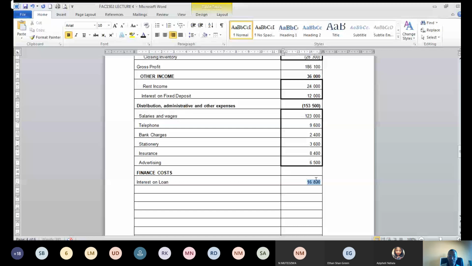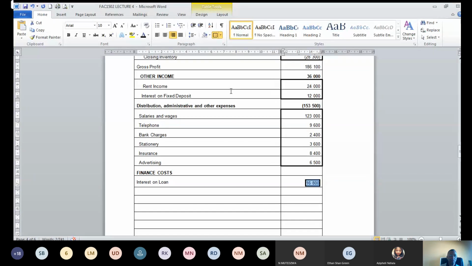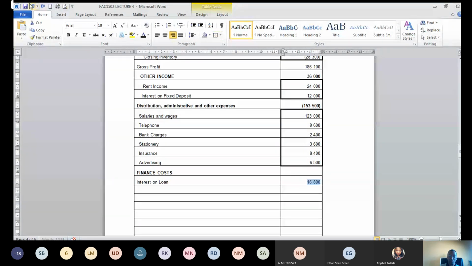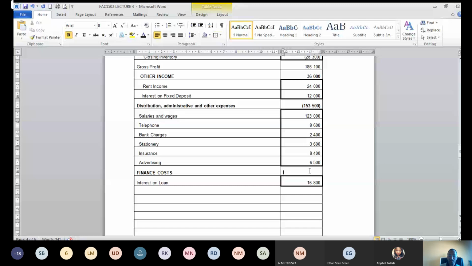I will block that. And that will give me the total amount of finance cost, which consists only of the one item, 16,800 Rand.